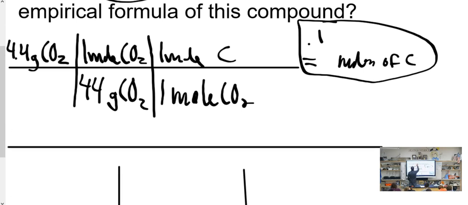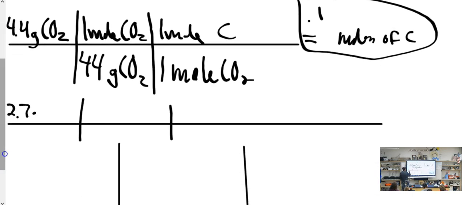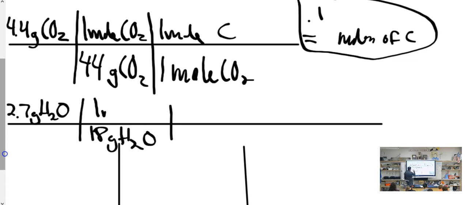All right, convert water to moles of H, correct? How many grams of water? 2.7. All right, 18 grams of H2O per 1 mole H2O.